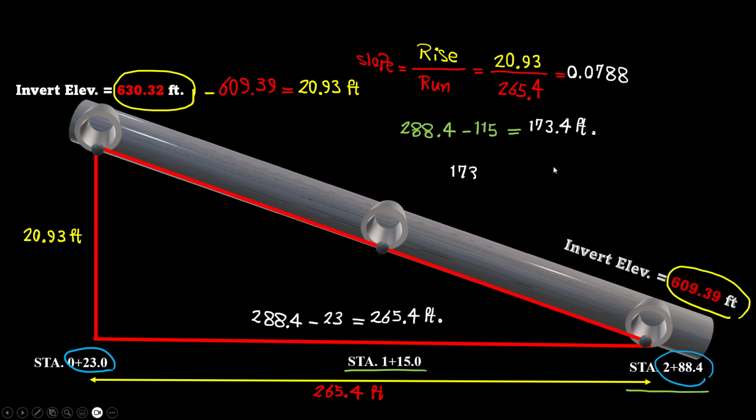And if you multiply that distance by the slope of this line, you will get the height difference of these two invert elevations. So if we have the invert elevation of one of the existing manholes and add the rise in elevation, we can get the invert elevation of the proposed manhole.